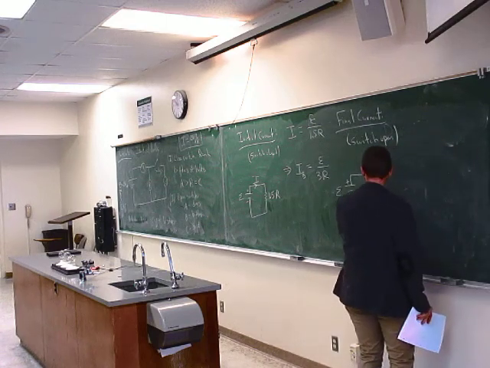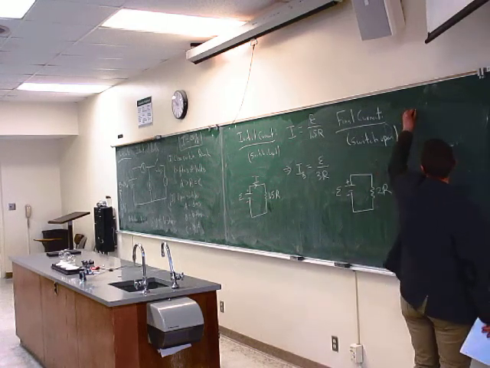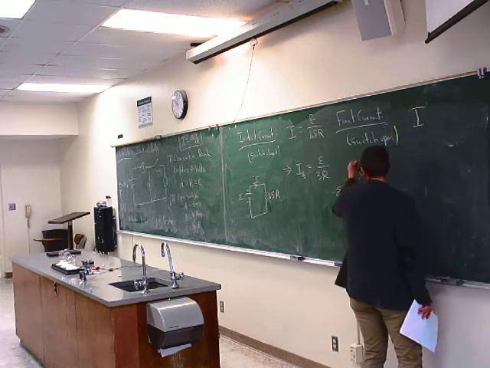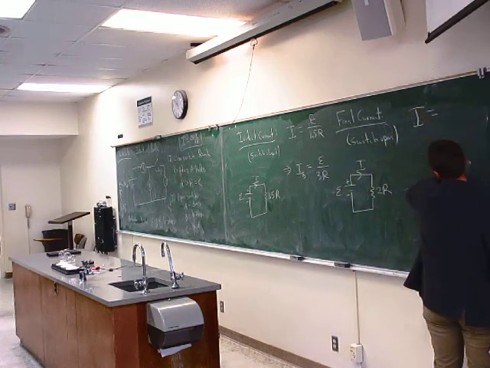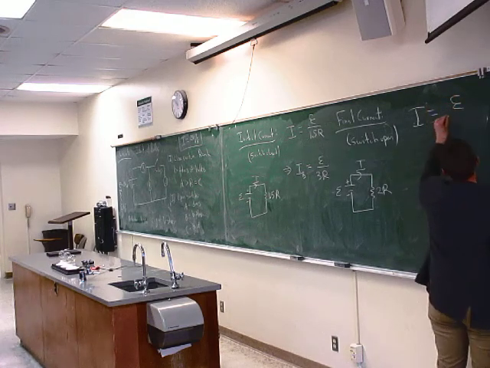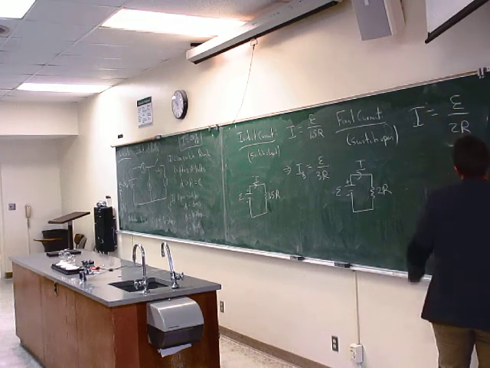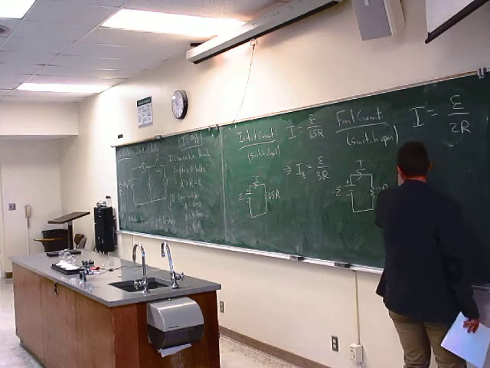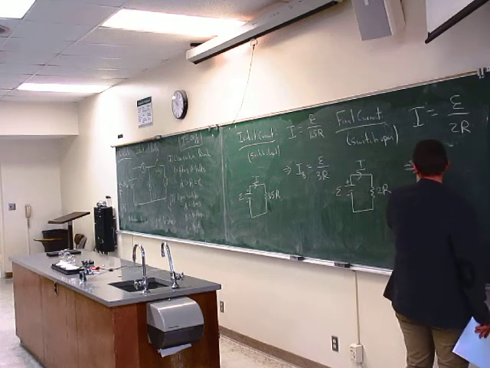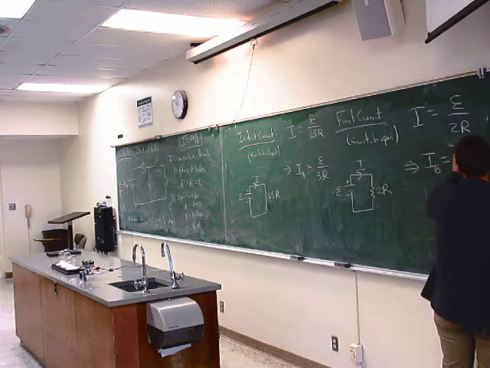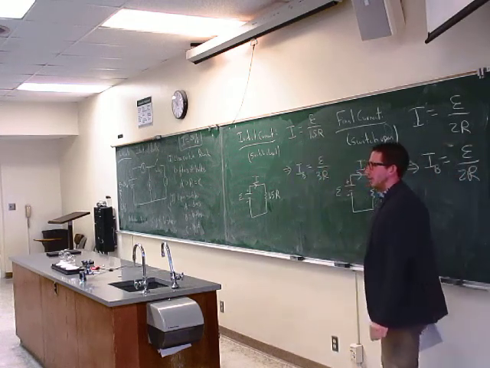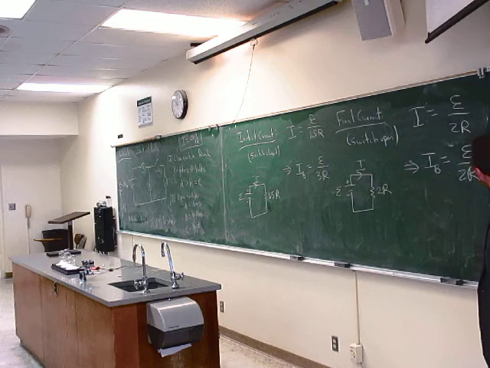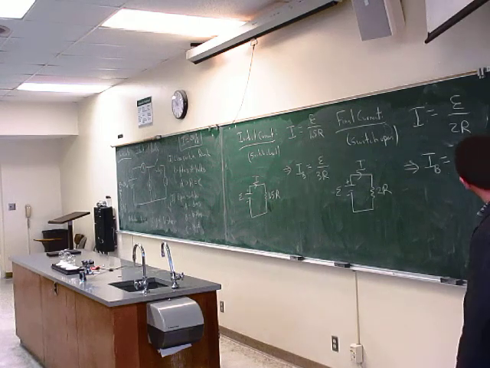It increases. So now the current in this circuit is just equal to epsilon over 2R. So how much current goes through B? All of it goes through B now, because it has no path to split if we look at the actual circuit.